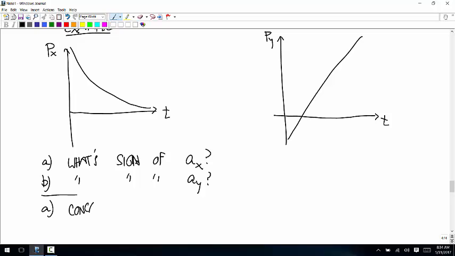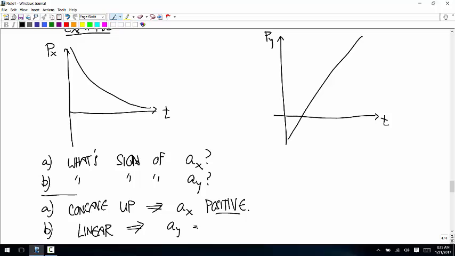That's concave up. So ax is positive. And then for b, what's the sign of the y acceleration? 0. The y position versus time graph is linear. So ay equals 0.